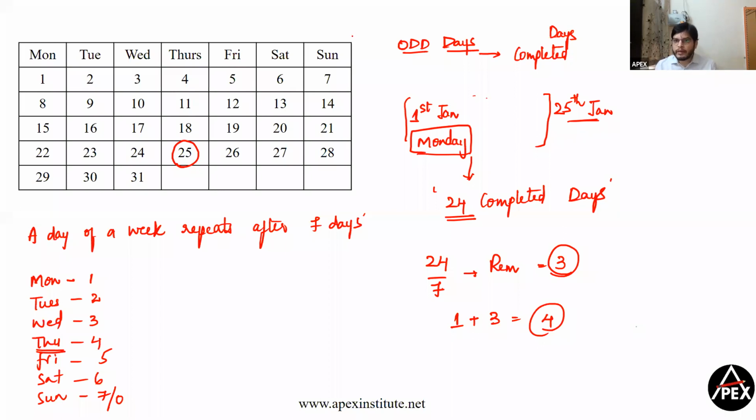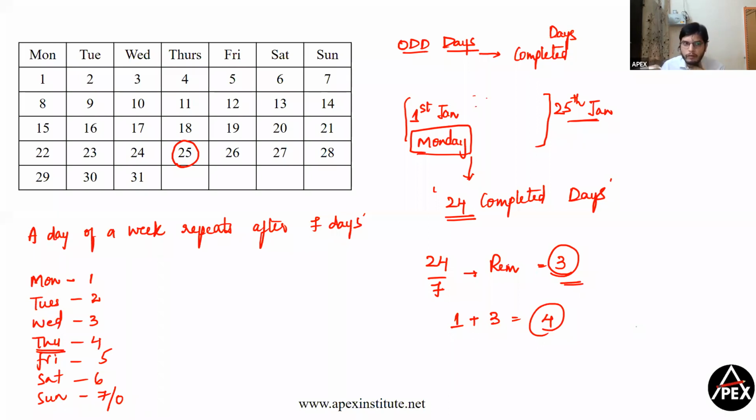Did you understand this, guys? The concept of odd days? So now we have used the formula 24 divided by 7. We have determined the odd days. Now in this calendar, can someone tell me what those odd days are? What are these 3 days? Why did we add 3?